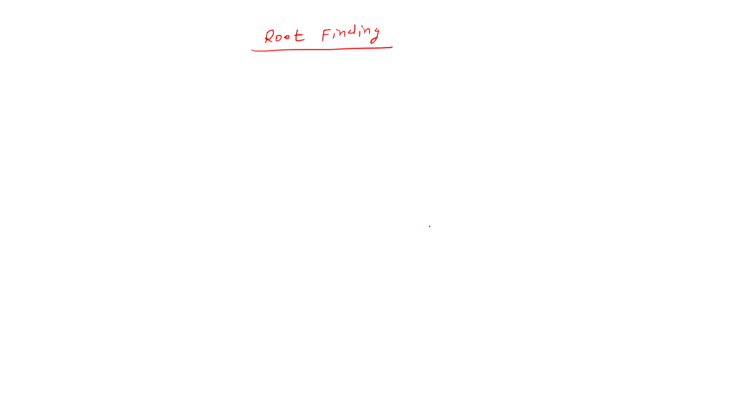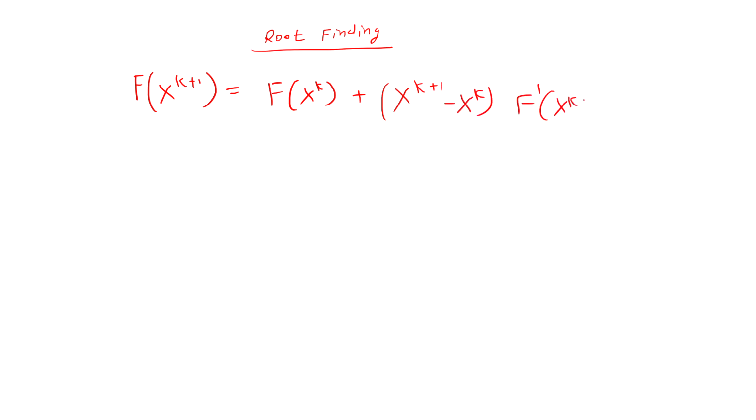So what we are getting is that f of xk plus 1 is equal to f of xk plus xk plus 1 minus xk times f prime xk.